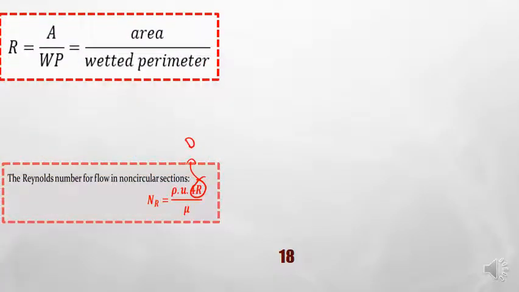As I mentioned before, for a non-circular section we use this formula, in which we replace the term D in the normal formula for the Reynolds number with R, which is referred to as the hydraulic radius. The hydraulic radius is the ratio between area and wetted perimeter. So what is the wetted perimeter for a non-circular section?